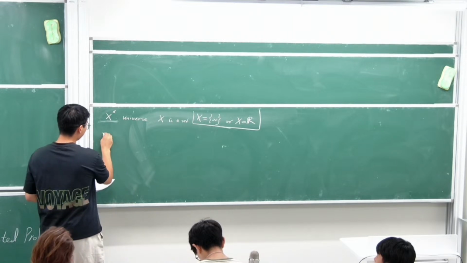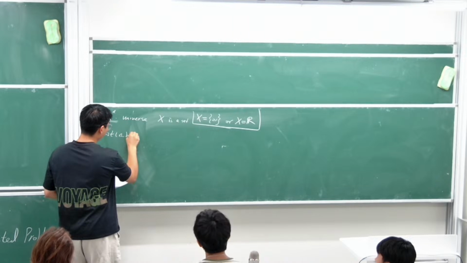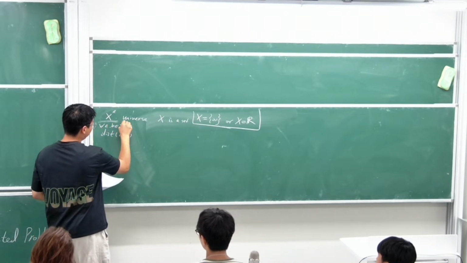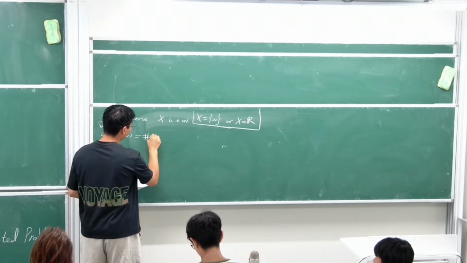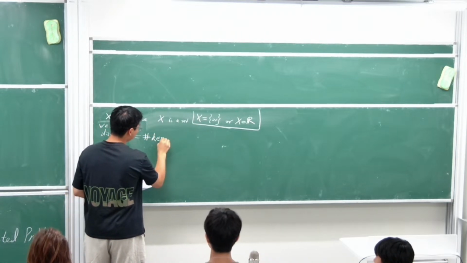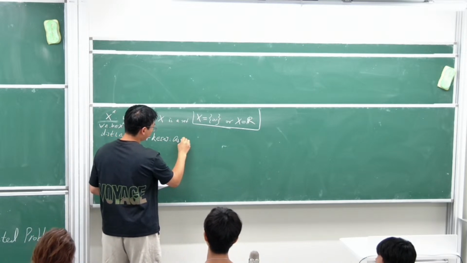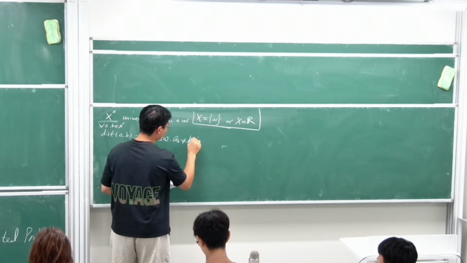One well-known distance is the Hamming distance. For A and B in this universe, the Hamming distance is simply the number of indices k such that the kth bit of the first vector is different from the kth bit of the second vector.